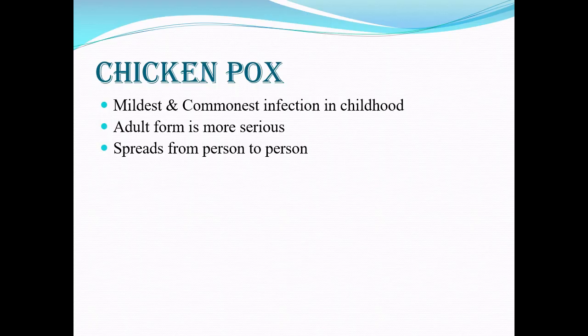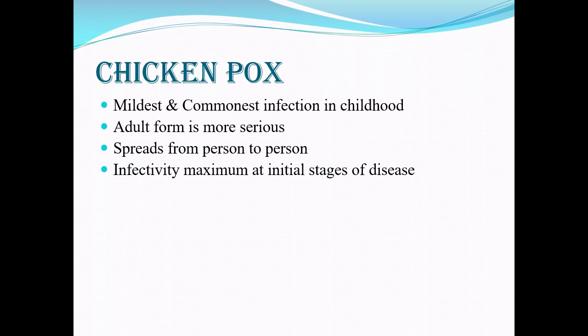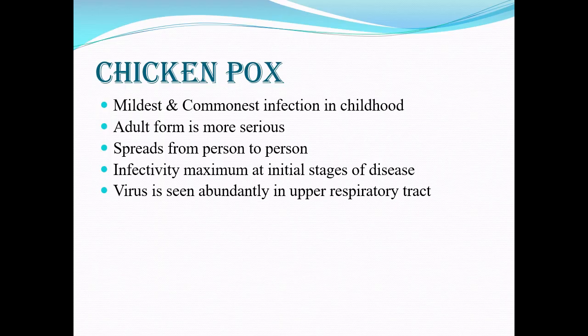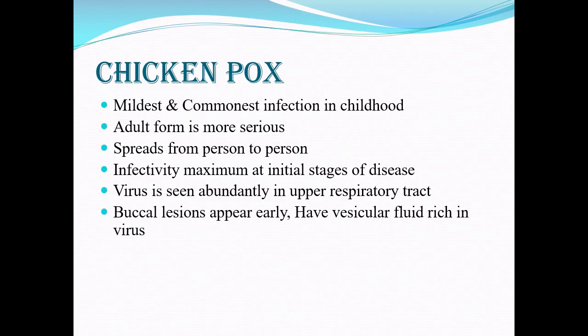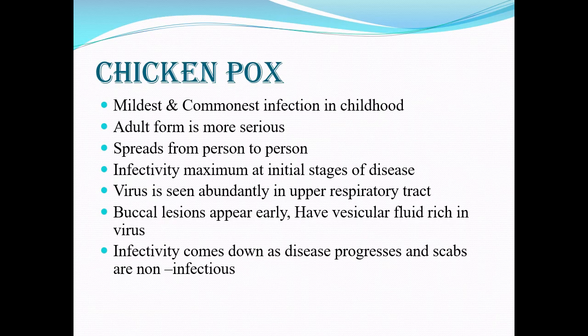The chickenpox spreads from person to person, and the infectivity is maximal at the initial stages. Even before the skin rash appears, the infectivity is high. The virus will be seen in the upper respiratory tract, and slowly there will be lesions in the oral cavity, and the skin lesions will have a vesicular fluid which is loaded with virus particles.